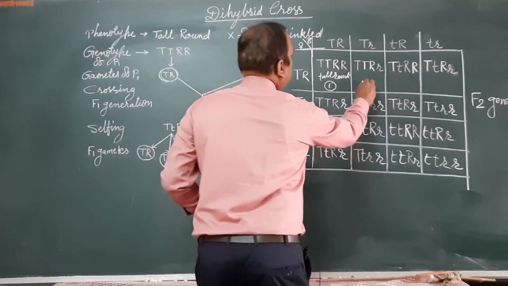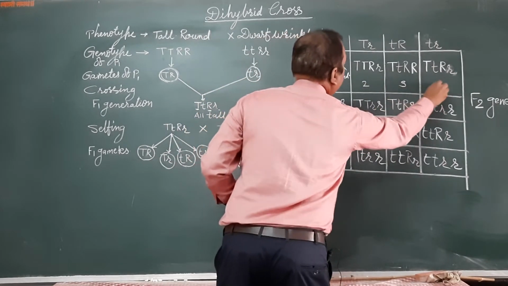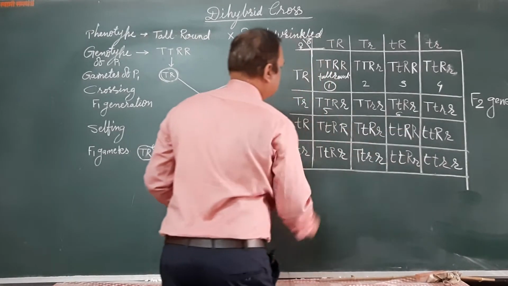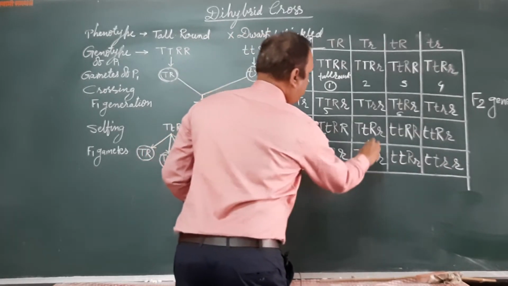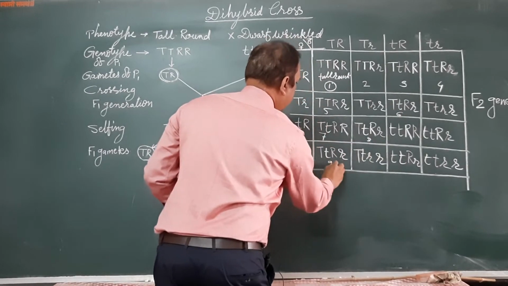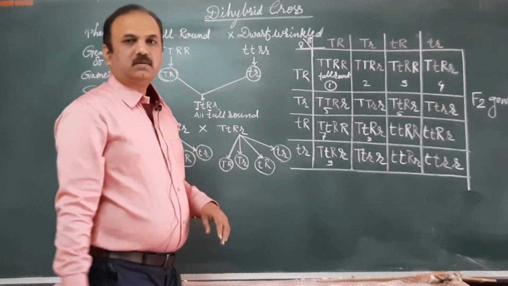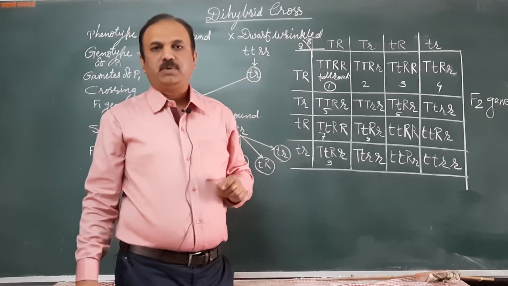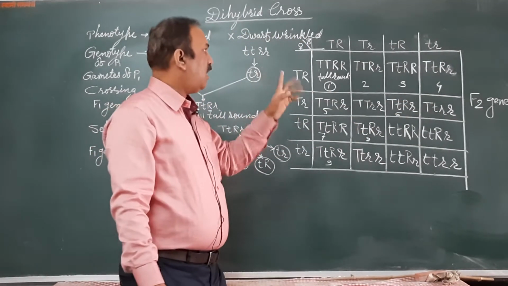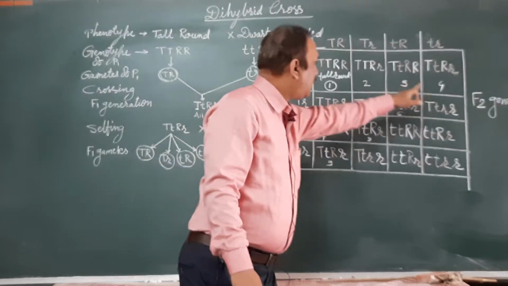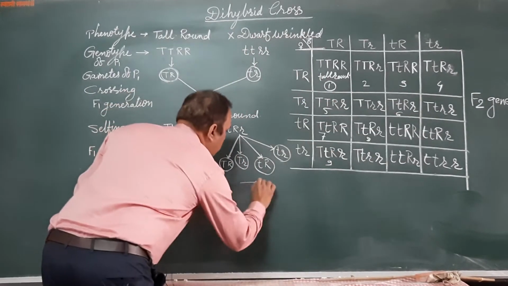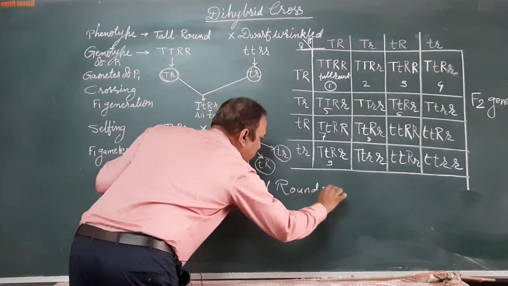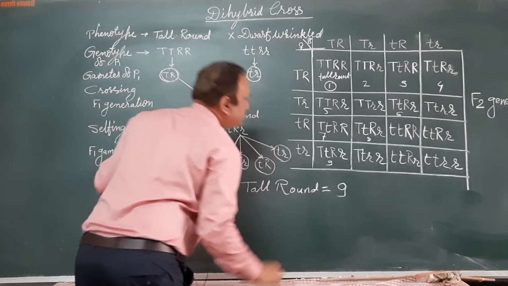So count it: 1, 2, 3, 4, 5, 6, 7, 8 and 9. Each of these plants has at least one capital T and one capital R, so all these are tall round. Make a note of it: you are getting 9 out of 16 tall round.